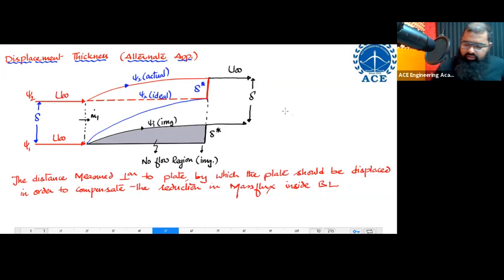That is again represented by the formula delta star is equal to integral 0 to delta of 1 minus u upon u infinity times dy. This is the formula we are having.